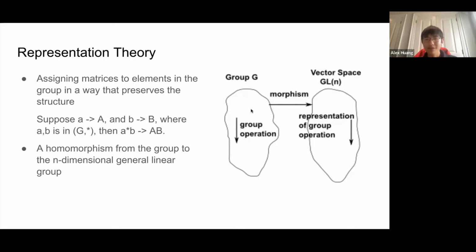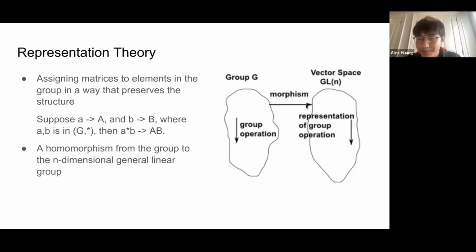And here is a picture. So you have a group G, right? And you have a group operation. And what it means by a morphism is basically a function that maps from G to the vector space, which is the general linear group of n. And what does it mean by general linear group of n?